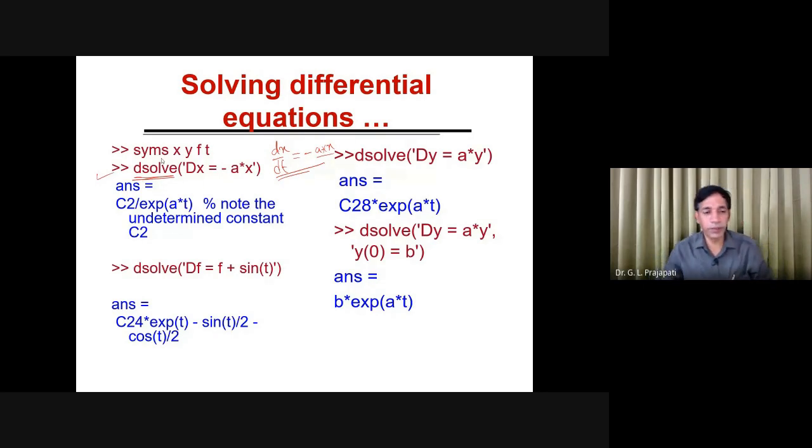And these are the constants you are getting. These are the unknown constants, you know that. And if you are given some value, then you can also compute the value of the constants. So at home you can learn how to solve the differential equation.